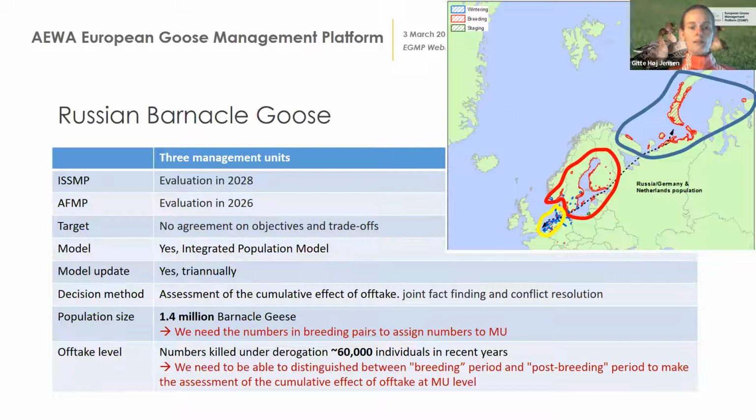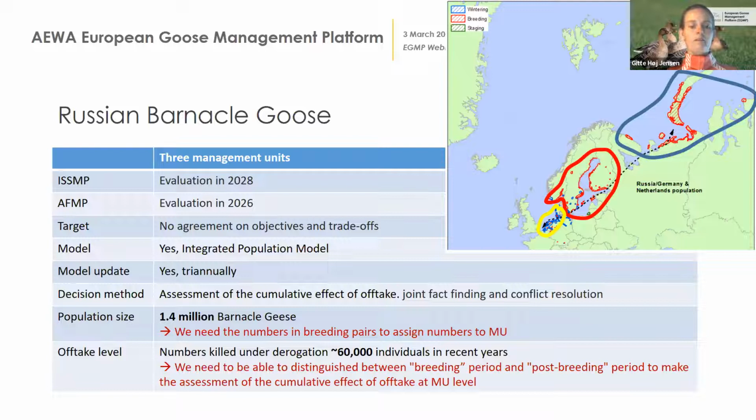The current population size of the Russian population is 1.4 million. But again, just as for the grey leg goose, if we are going to do the assessment of the cumulative effect of offtake at management unit level, we also need to know the population size of each of these units, which again is assessed or estimated during the breeding period or the summertime.